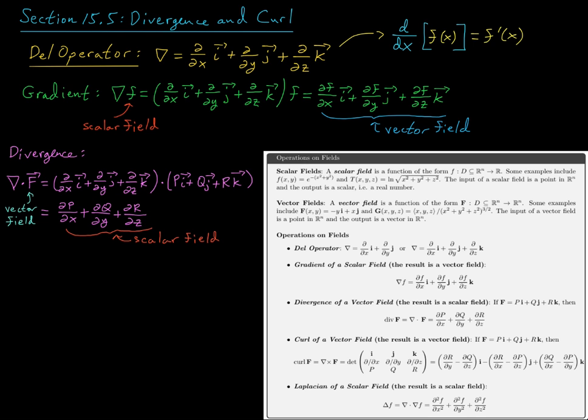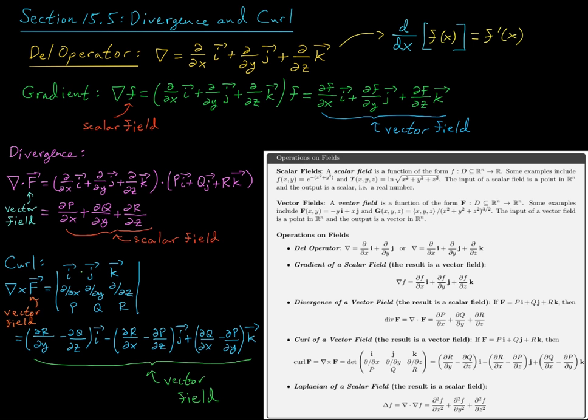And next up we have the curl, which is taking the cross product of a vector field, capital F, and this del operator. So this definitely probably looks a little strange at first glance. I'm going to take the cross product in just the same way I would take the cross product of two ordinary vectors.